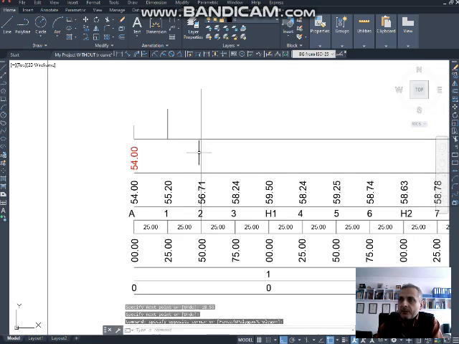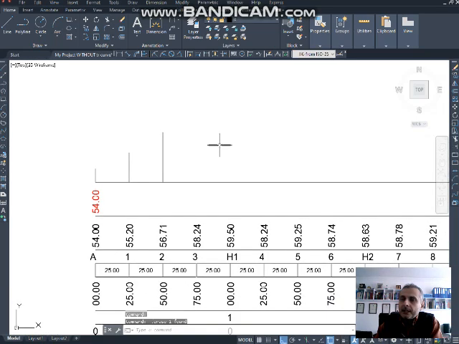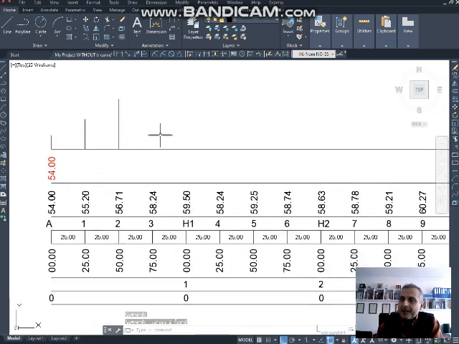Okay, and then you can delete this line. That's it. So you repeat the same procedure for every cross section. Then we will draw the profile by joining the tops of these lines with a polyline, as I will show you in a minute.